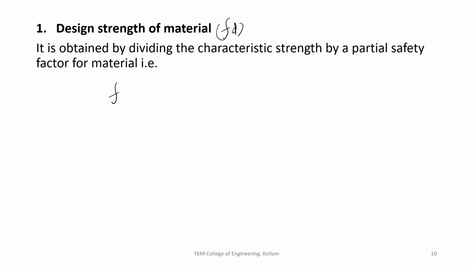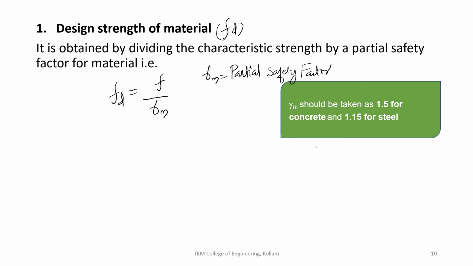That is, FD is equal to, if I denote the characteristic strength by F, then it is obtained by dividing it by the partial safety factor gamma M, where gamma M is the partial safety factor for material, and it is 1.5 for concrete and 1.15 for steel.